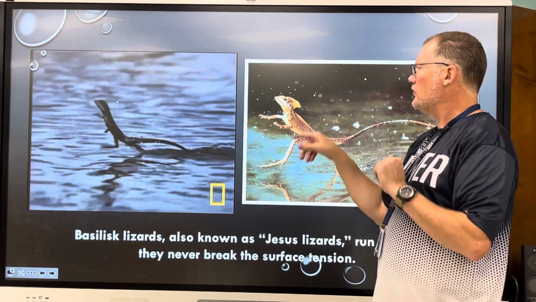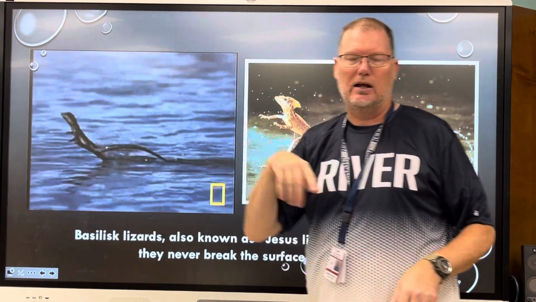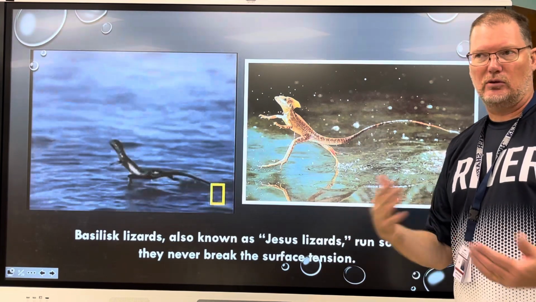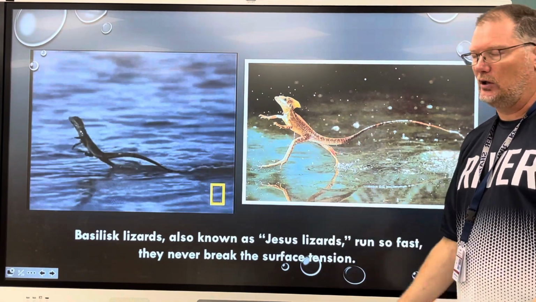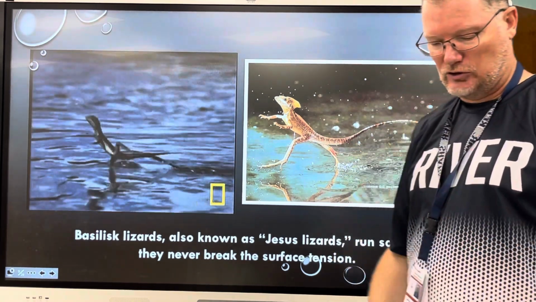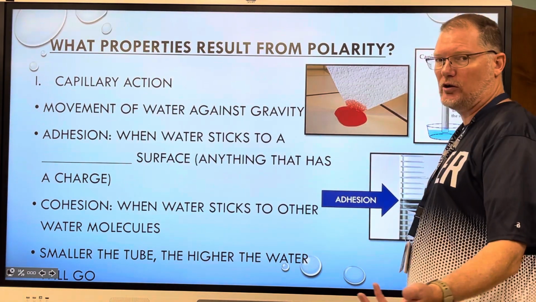The males have the crested heads. The females don't have a crested head. Anyway, they're invasive species. Someone's pet that got loose and they took over. And so they run so fast that they don't break the surface tension. It's pretty cool. That's how they escape predators.